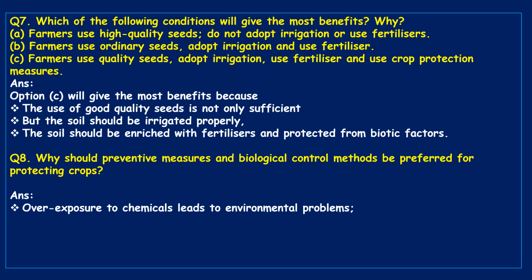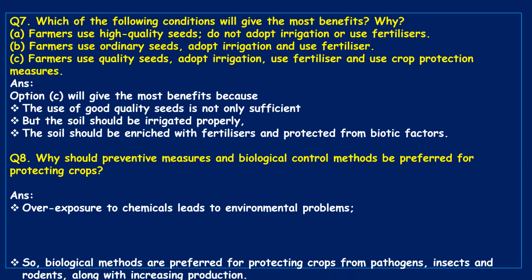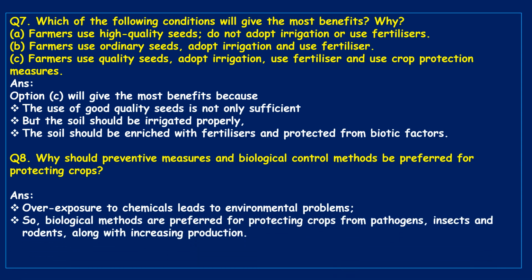So we have to stop overusage of chemicals, that means fertilizers. Biological methods are preferred for protecting crops from pathogens, insects, and rodents, along with increasing production. So these are the preventive measures and biological control methods that we have to prefer for protecting crops.